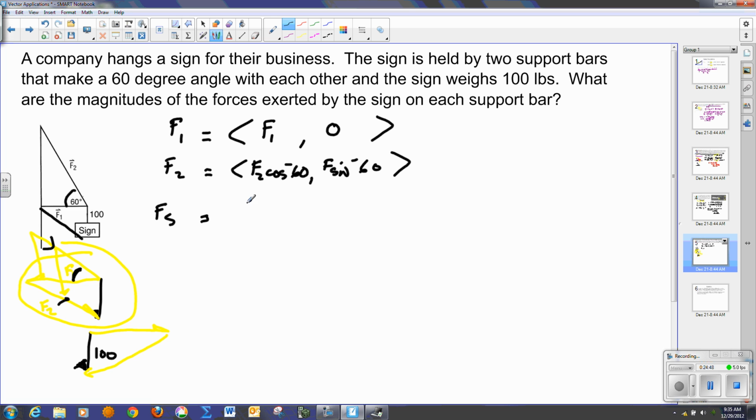Now the sine has no x component since it's hanging straight down. So that's going to be 0, and then it does have a y component of 100. So if I look at this, I can calculate force 2 by taking 0 plus force 2 sine of negative 60 and setting that equal to 100.